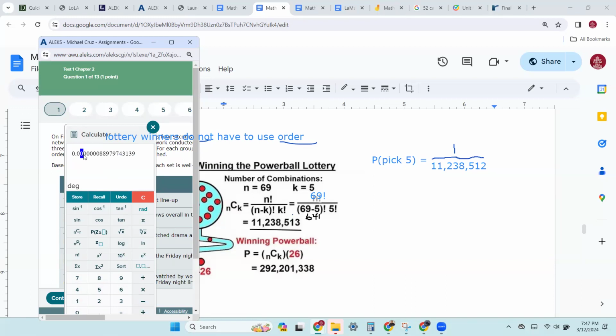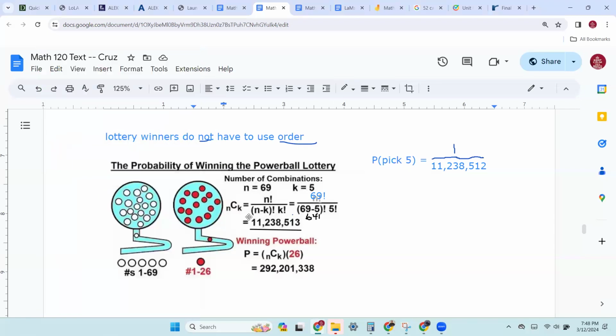That's tenths, hundredths, thousandths, 10,000ths, 100,000ths, millionths, and so forth. So that's way down there. That probability is very small, and you can see by the number of decimal places. All right, but we're not done there yet because we're talking about the Powerball.